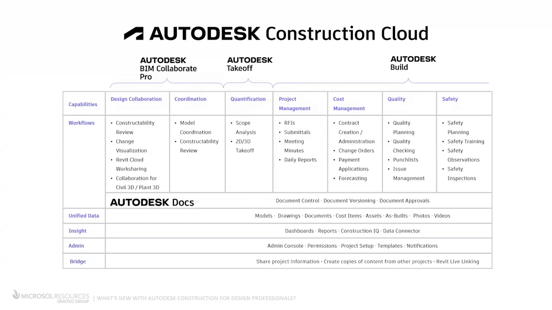And if your team also uses Autodesk Build or Takeoff later on, these tools provide the foundation to ensure the models, documents, and design decisions flow from design to construction in the full life cycle. Those two will be covered in a separate presentation later on by one of our other presenters.